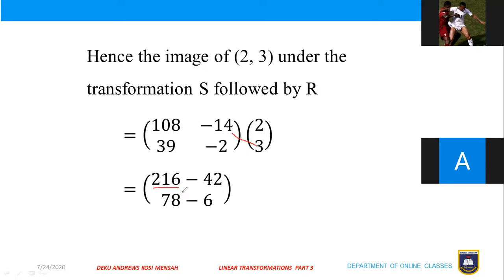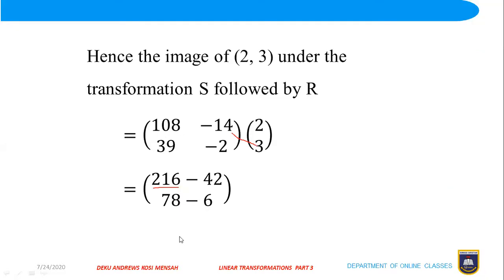So we have 216 minus 42. 39 times 2 gives 78, plus negative 2 times 3 gives negative 6, and that gives 78 minus 6. So your final answer will be 174 and 72. That is the image of 2, 3 under the linear transformation R followed by S.